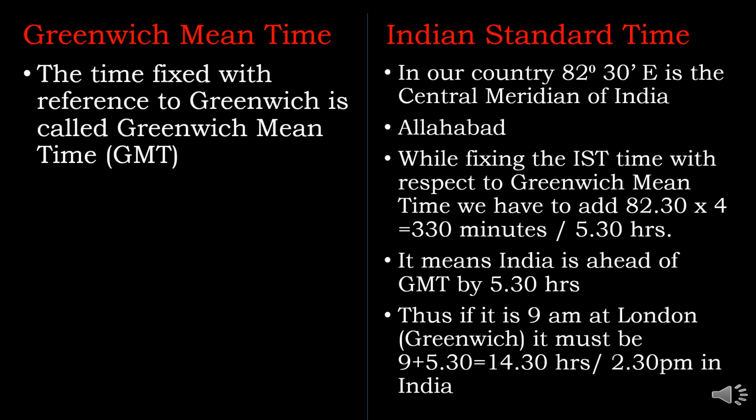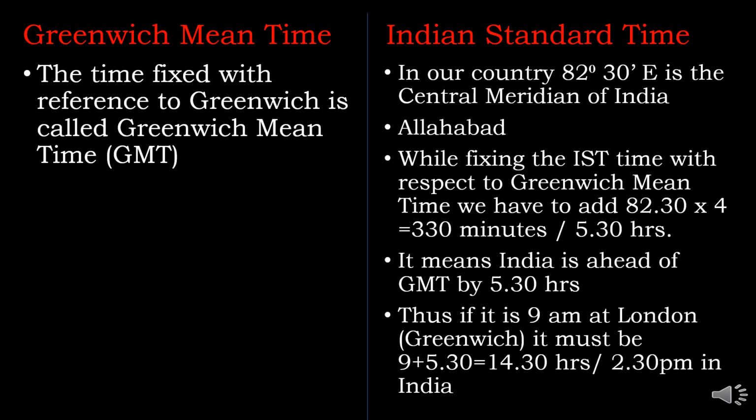While fixing the Indian Standard Time with respect to the Greenwich Mean Time, we have to multiply 82 degree 30 minutes by 4 minutes and we get the answer 330 minutes. When we convert those minutes into hours, we get 5 hours 30 minutes. This means that India is 5 hours 30 minutes ahead of GMT.